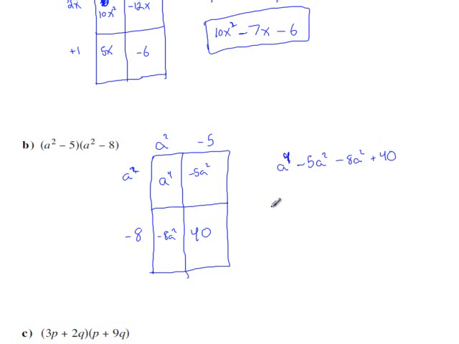Okay, so now combine like terms. So we have an a to the 4th. A squared terms, I've got a negative 5a squared and a negative 8a squared. So together you get minus 13a squared and plus 40. There's your final answer.